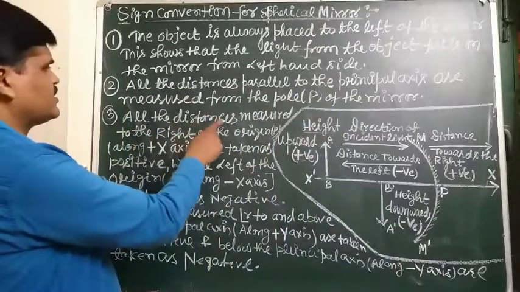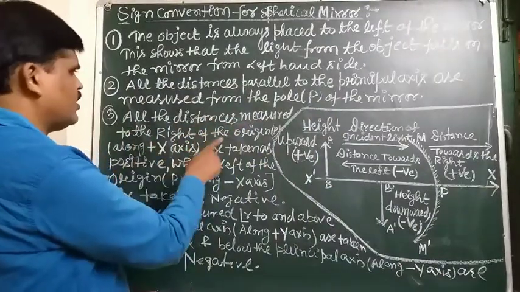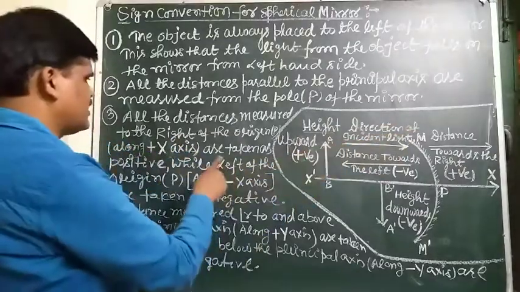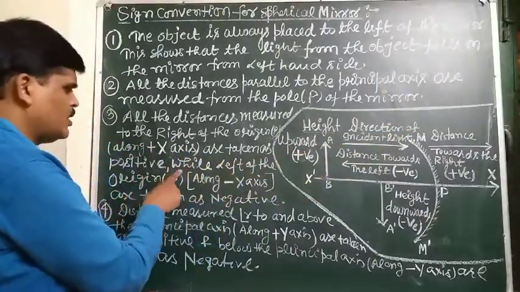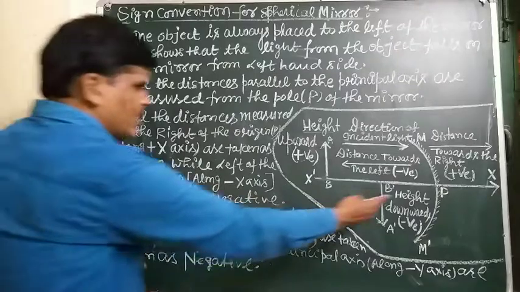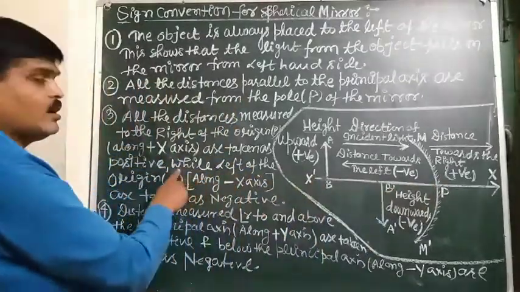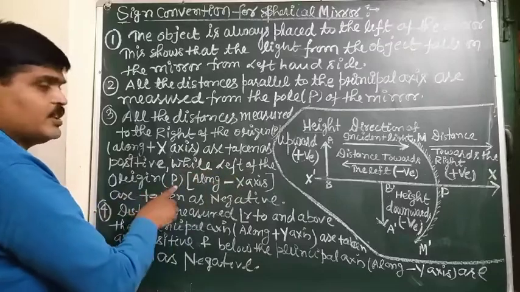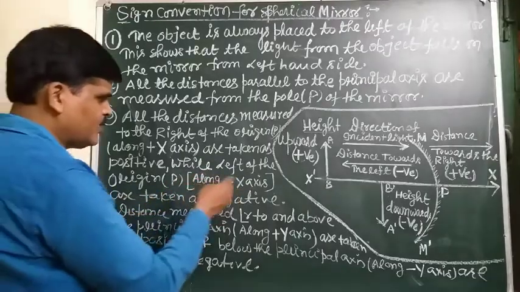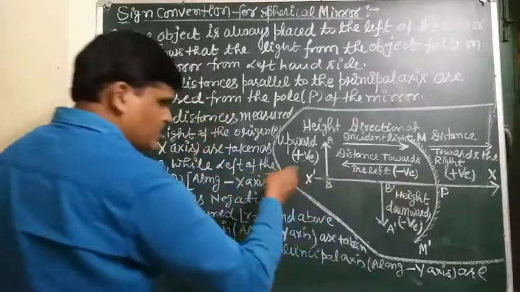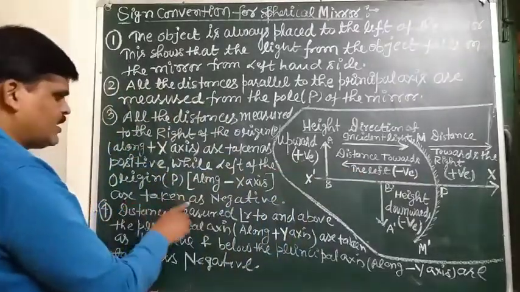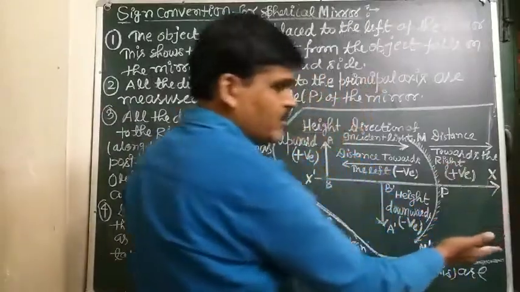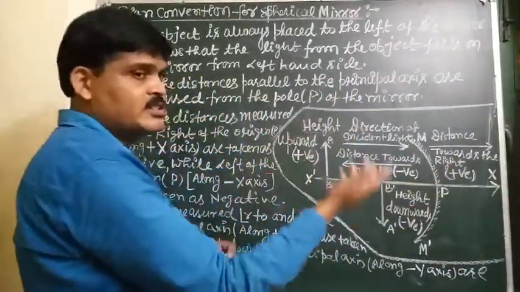So all the distances measured to the right of the origin, that is along positive x-axis, are taken as positive, while all the distances measured to the left of the origin, that is along negative x-axis, are taken as negative. So right side of the pole is taken to be positive, left side of the pole is taken to be negative.